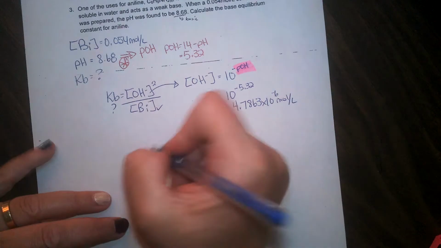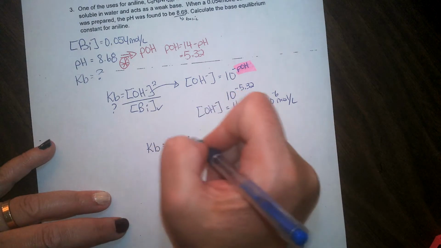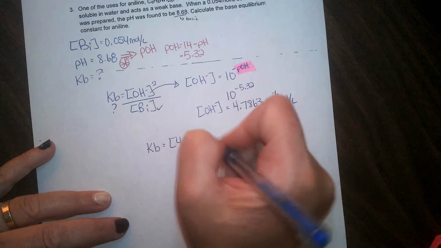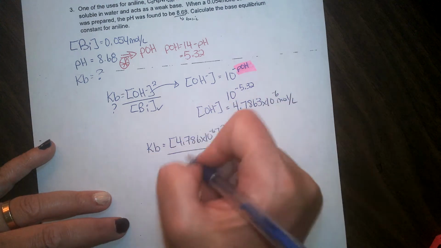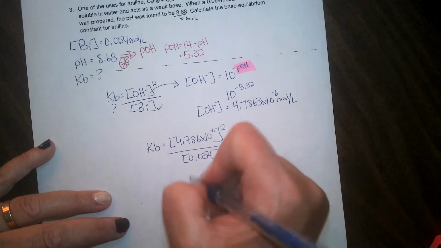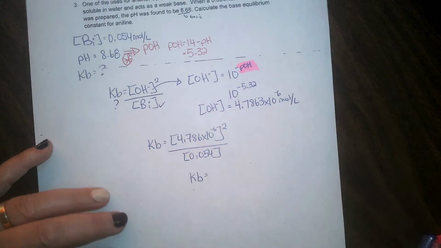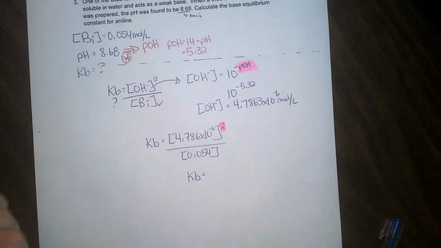Okay, now I can figure out Kb. 4.786 times 10 to the negative 6 squared divided by 0.054. Don't forget to square it, which means you have to use brackets.